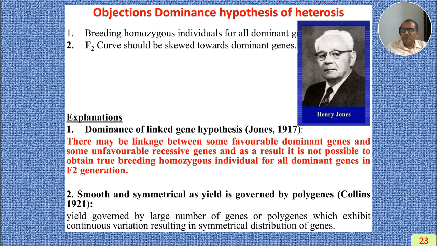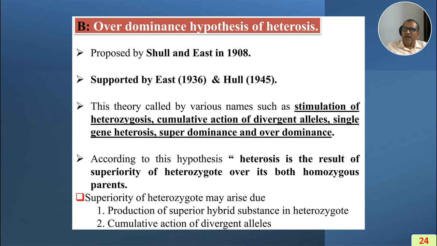So these are some of the explanations given. The overdominance hypothesis of heterosis was proposed by Shull and East in 1908, supported by many other scientists also. This theory is called by various names, for example: stimulation of heterozygosis, cumulative action of divergent alleles, single gene heterosis, superdominance, and overdominance.